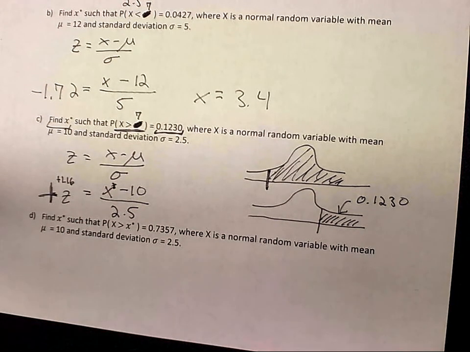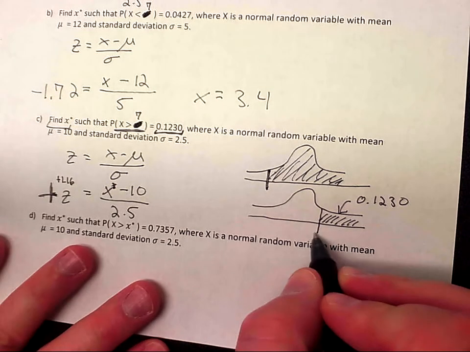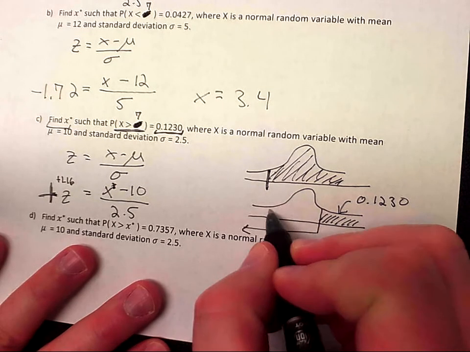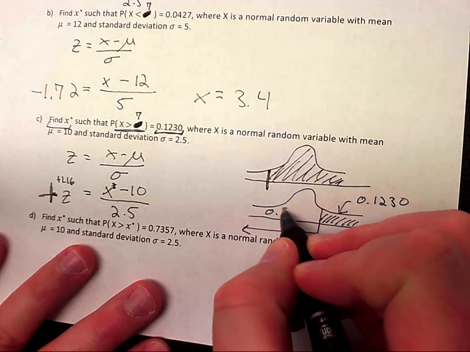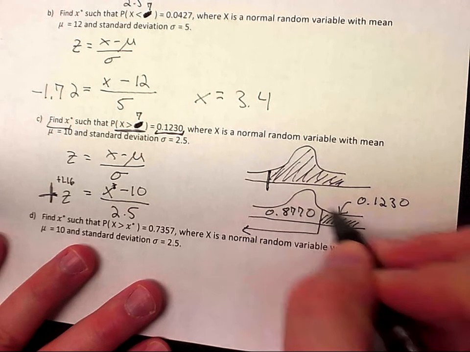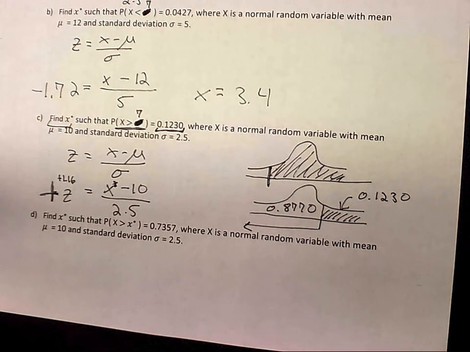Right? Everybody's cool with that. Well, our table never gives us what's shaded to the right. Our table always gives us what's shaded to the left. Right? So then what we could also do is we could just say, hey, from here on down then, we should have a percentage of 0.8770. Right? Now look up 0.8770 on your table.